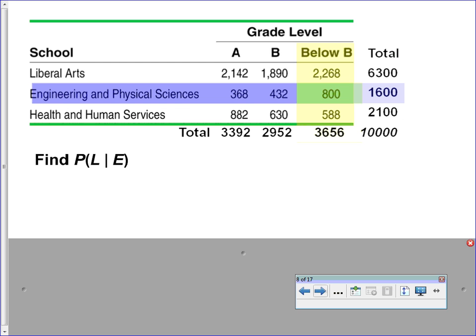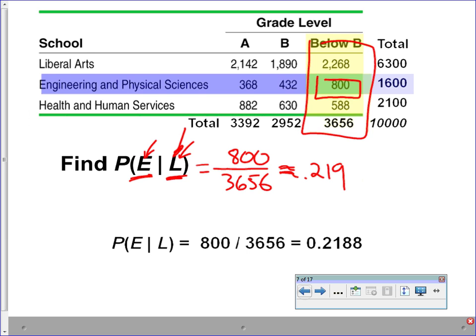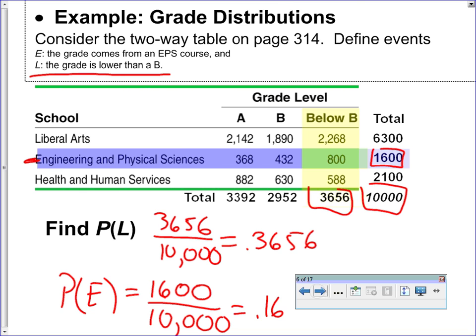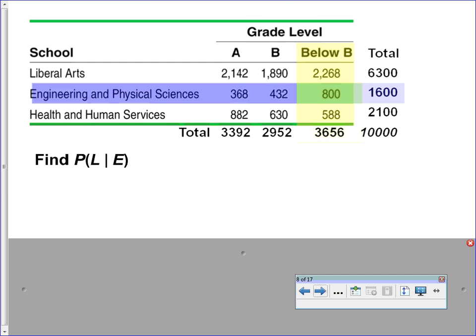So find the probability of L given E. Let's go back to our definitions. Sorry, I went too far. Probability that the grade is lower than a B given your engineering class. So now it's 800. It's the same number of grades given out, but now we're only looking at grades that were given out to engineers.